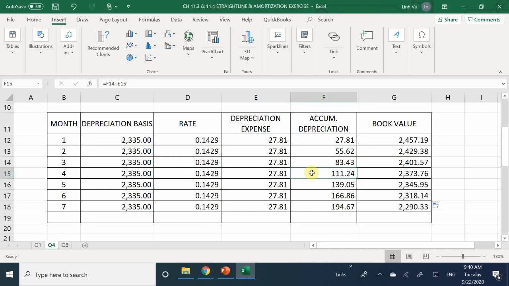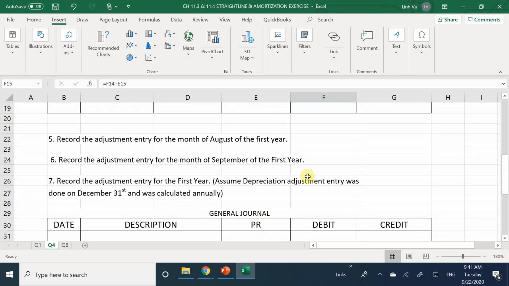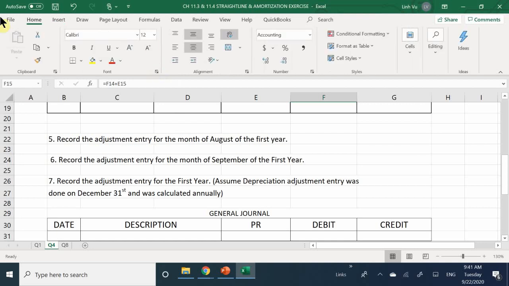Okay, so using this way can also provide you the same exact answers as if you are doing partial years, except the only thing that you're doing here is dealing with it on a month-to-month basis. So let's go ahead and answer the next 2 questions. The next 2 questions are to journalize the depreciation for the first and second month. For the month of August and for the month of September.